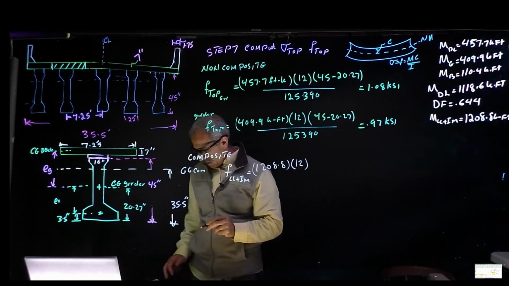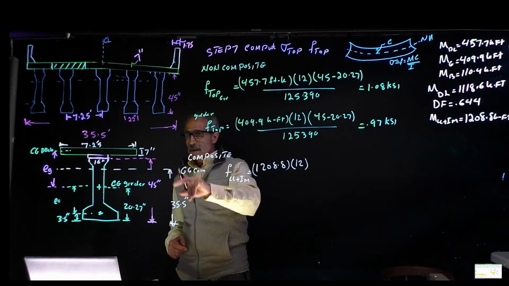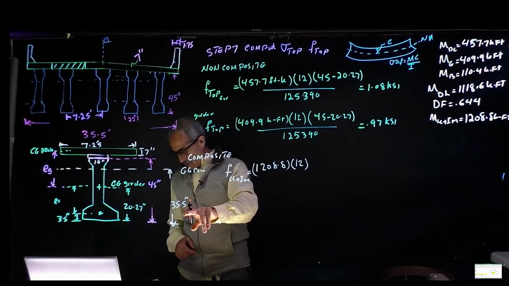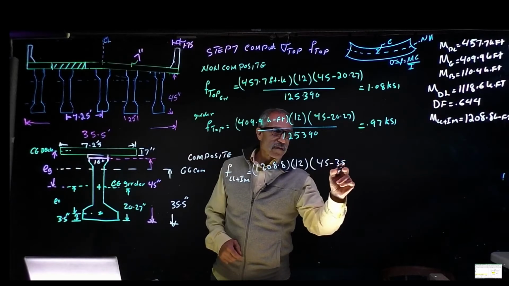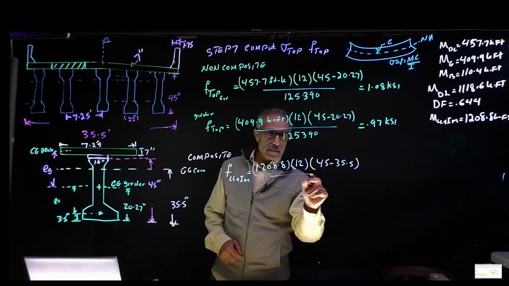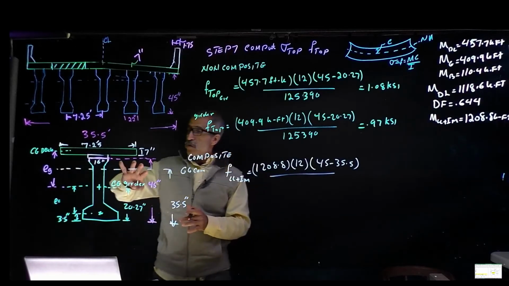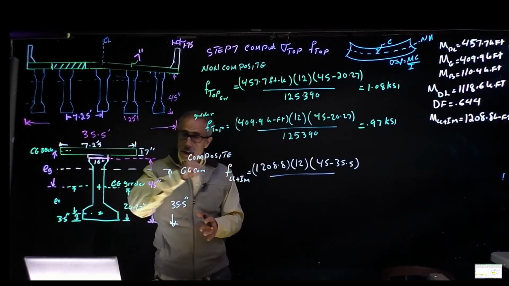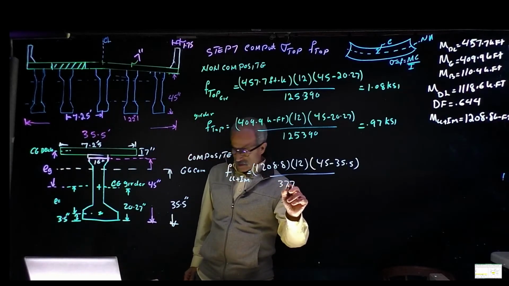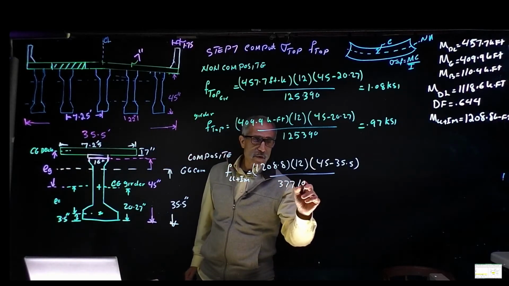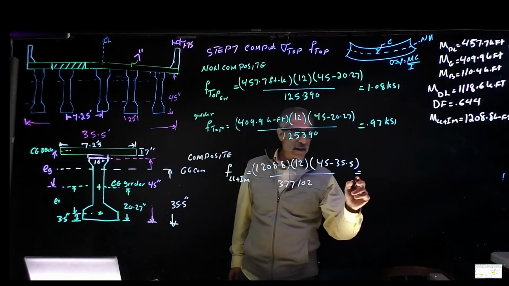The center of gravity is between here and the top, so that means 45 minus 35.5, divided by the moment of inertia for the composite beam, which we calculated from the Excel sheet, 377,102. So this will give me 0.365 KSI.